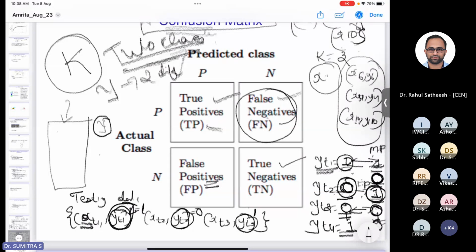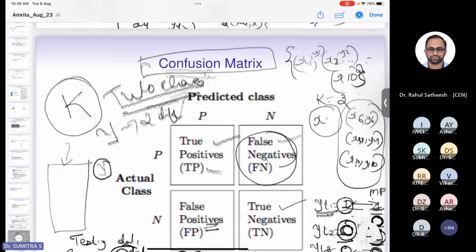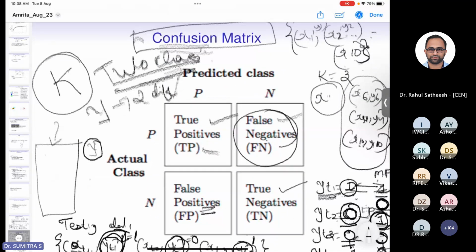So this is the confusion matrix. If the actual class is positive and the prediction is also positive, we call it a true positive. Actually belonging to the positive class, but the model says it belongs to the negative class, then the model is falsely saying so, and that is a false negative.